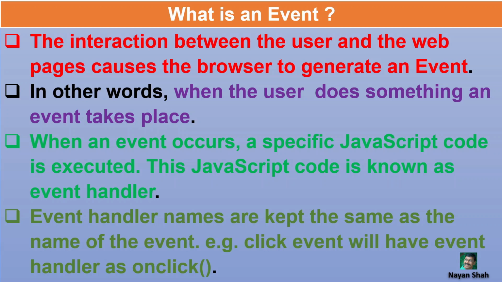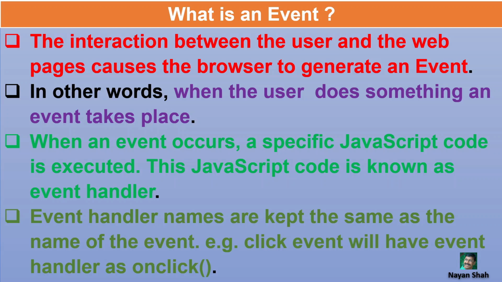So all these events can be triggered on any web page, and scripting code is capable of observing these events. If the web designer has written some program for that event, then that program will trigger. But how does that event occur on the web page? As a result of interaction between the user and the web page, the browser generates an event. In other words, when the user does something on the web page, an event takes place.